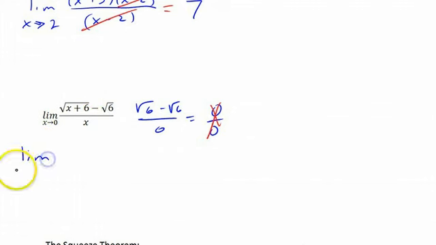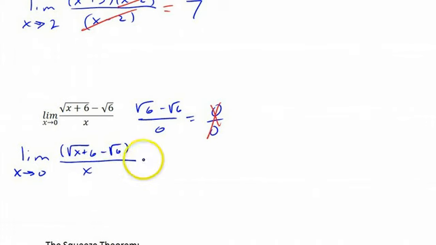We're going to multiply the top and bottom by the conjugate of that numerator. So the conjugate of the square root of x plus 6 minus the square root of 6 is going to be the square root of x plus 6 plus the square root of 6.